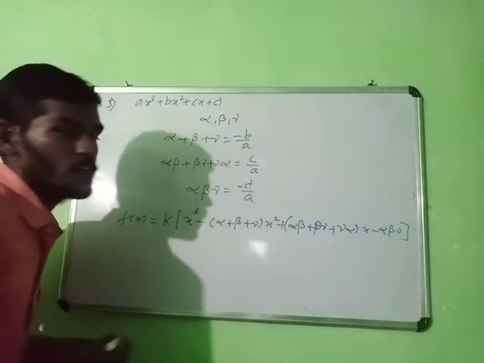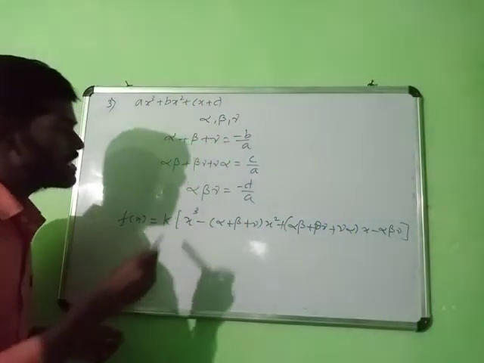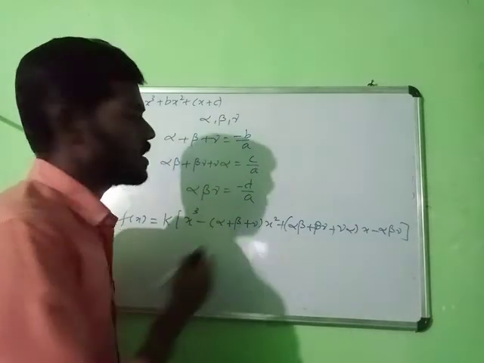This is the formula to find a cubic polynomial if three zeros are given.